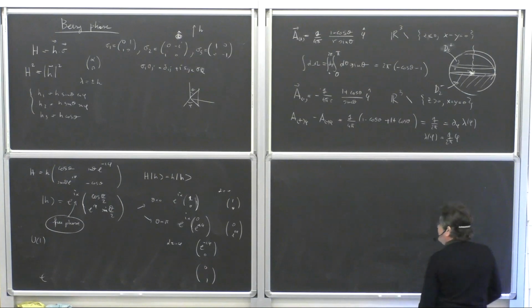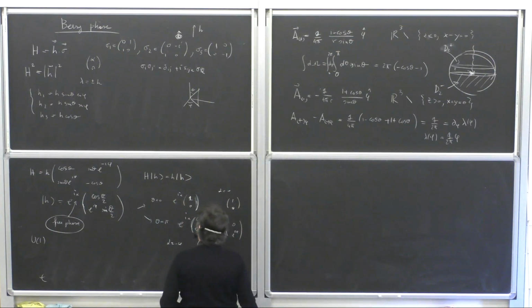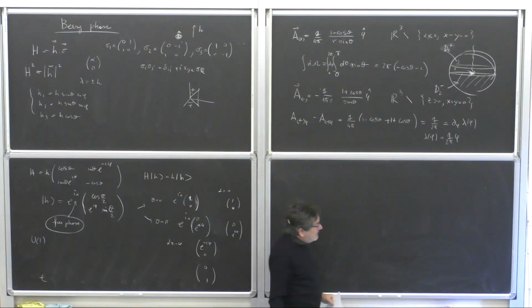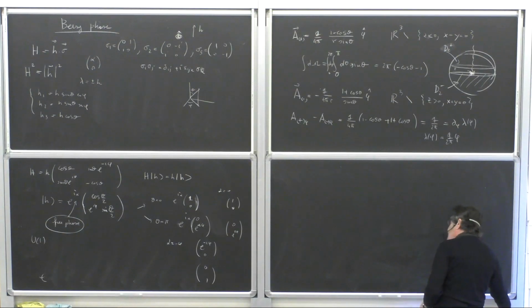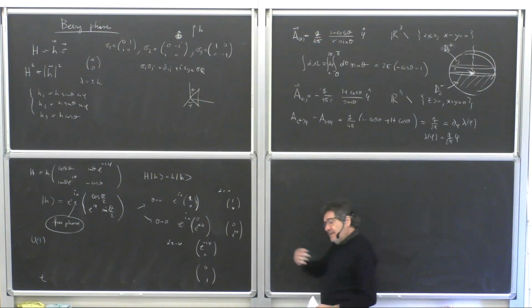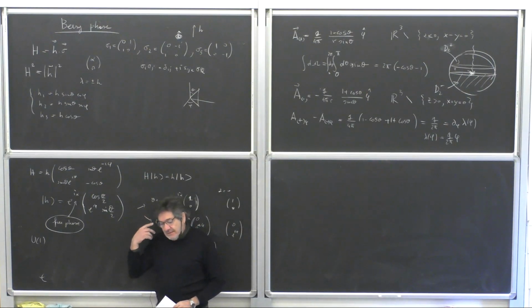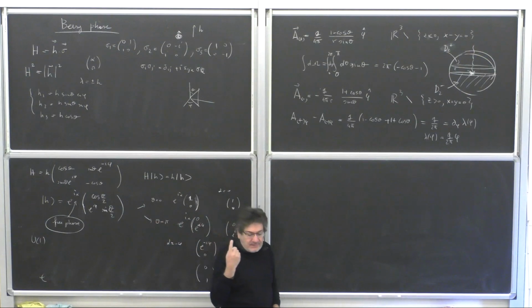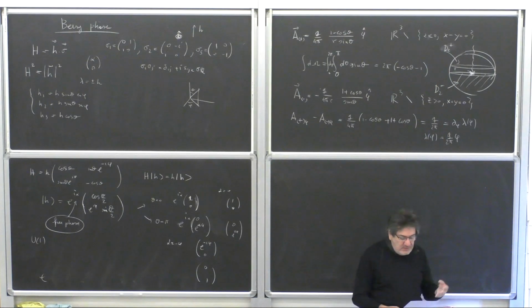So you say, okay, the phase is arbitrary. It's true, it is arbitrary. So what will be relevant is not the phase itself, but how the phase changes from one value of the parameter to another. So rotating the magnetic field.